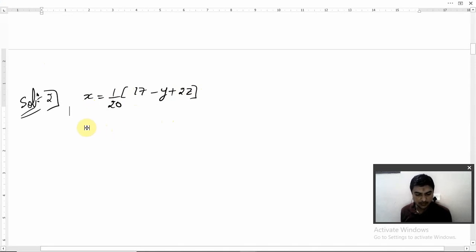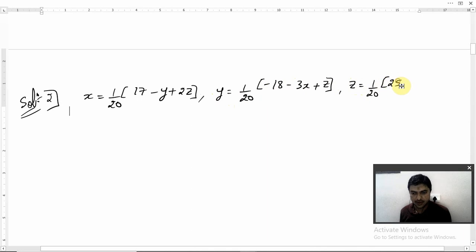Similarly, I am going to take the y value: y is equal to 1 upon 20 into minus 18 minus 3x plus z. Here also we can see y is our dominant. Similarly, z is equal to 1 upon 20 into 25 minus 2x plus 3y.